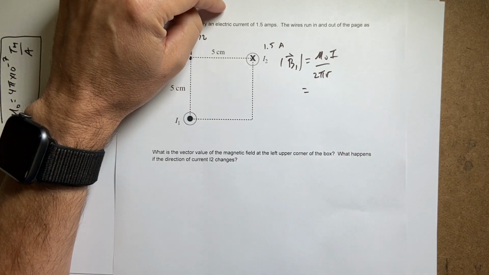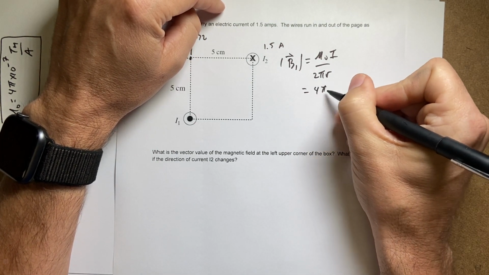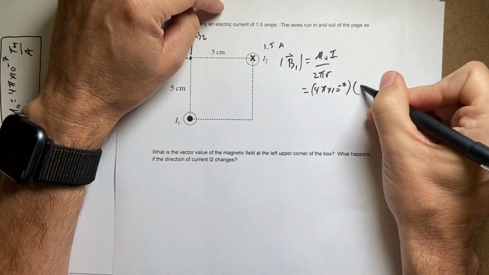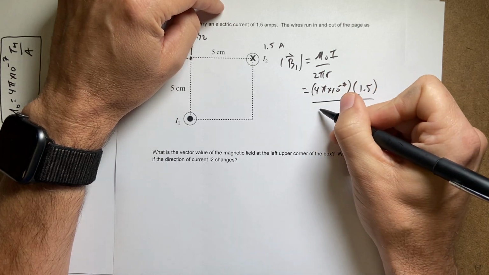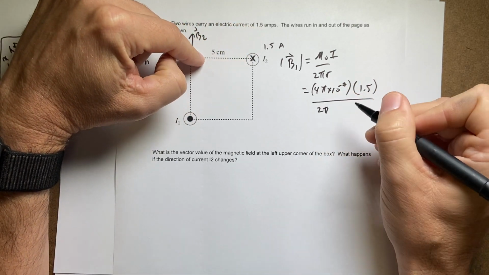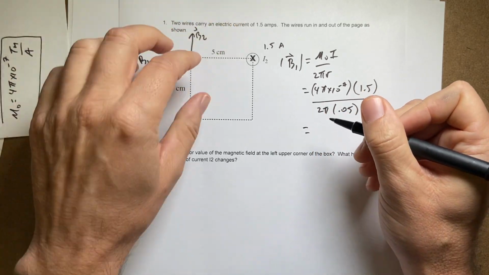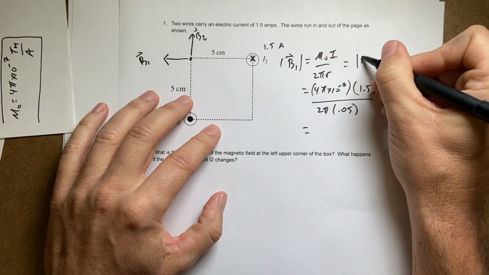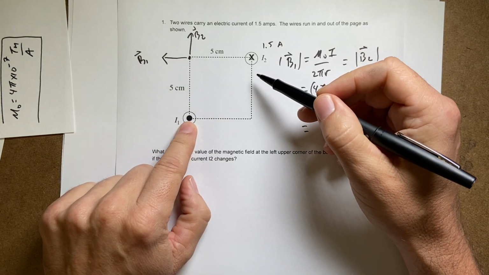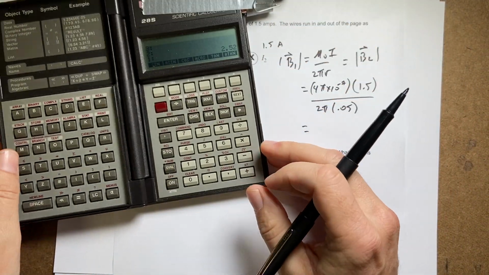So this is going to be equal to 4 pi times 10 to the negative 7th, I'll leave off the units, I is 1.5, and then I have 2 pi, and then r is 5 centimeters, so that's 0.05 meters. That's also equal to the magnitude of B2, because it has the same current and the same distance. So that's a boring problem, but that's why I did it.